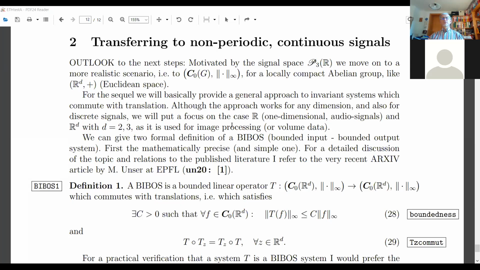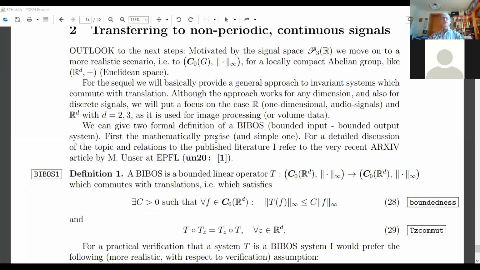Actually, if somebody is interested and knows already BIBO systems a little bit, you find a critical comment on how systems are described in the engineering books, including very good ones, very established ones, in the article by Michael Unser, which has appeared recently a few days ago in the arXiv. So this article is giving some representation.